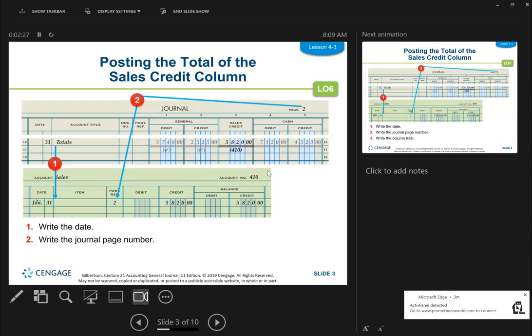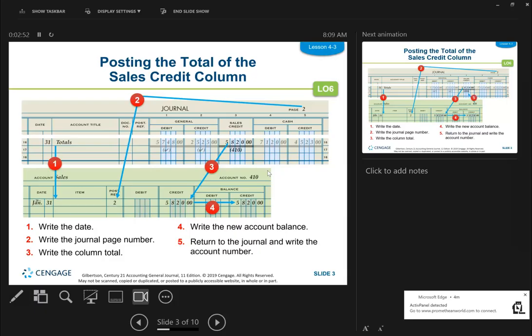We record that as our post reference in the ledger. And then we record the column total. So again, sales credits, there's only credits for sales. And then we write the new account balance. It's the first entry, so the new balance is just that amount.